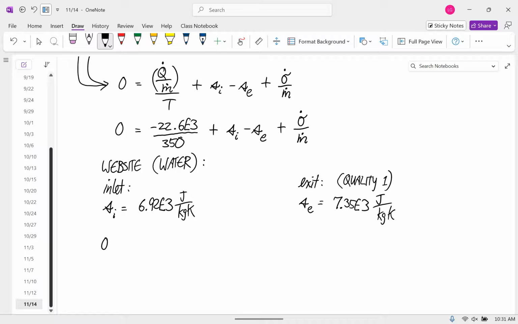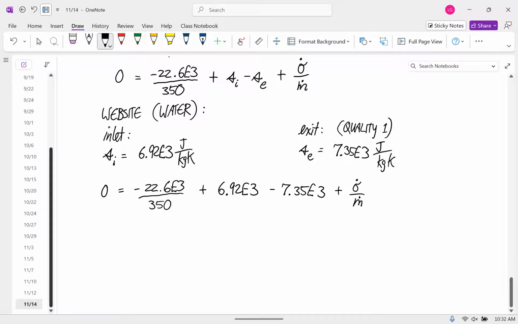And so now we can say 0 is equal to negative 22.6 times 10 to the third divided by 350 plus 6.92 times 10 to the third minus 7.35 times 10 to the third plus sigma dot over m dot.